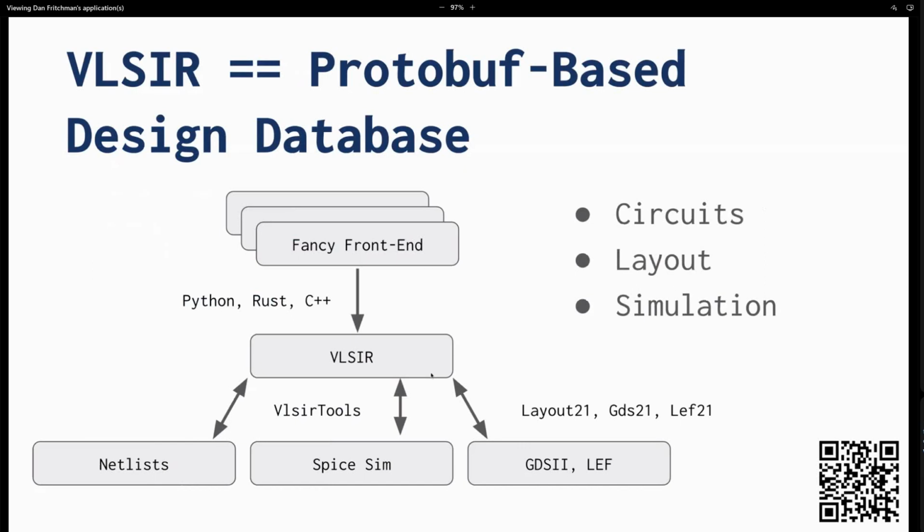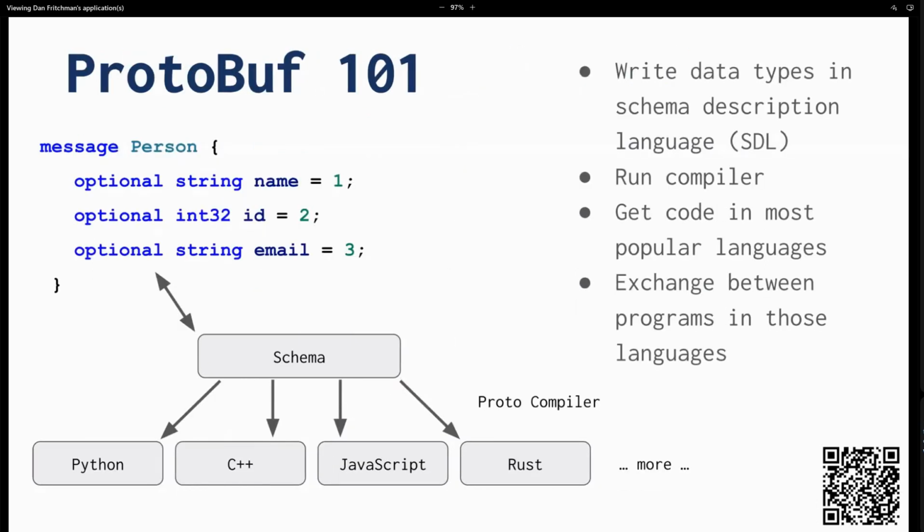Quick question. Can you go back one slide? A lot of the commercial tools, let's say Cadence, we'd want some sort of interface there, especially if you have to work with existing work.